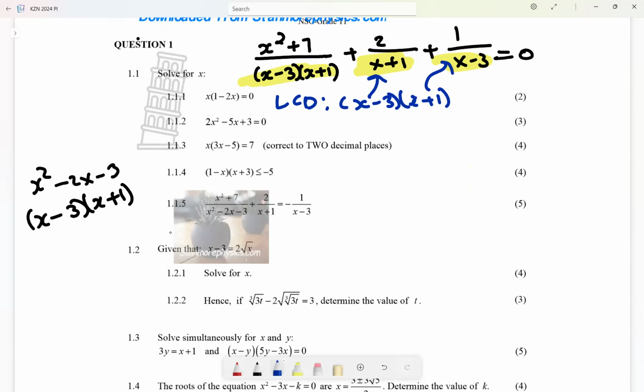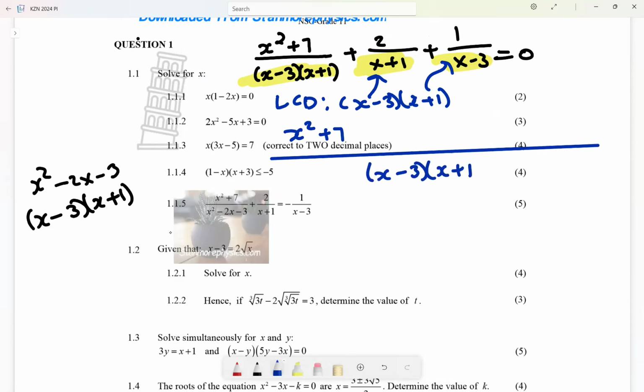Okay. So in equations, if you have an LCD that is common to the whole equation, you can drop all those denominators. But it's fine. We have x squared plus 7, all under one denominator, x minus 3, x plus 1.